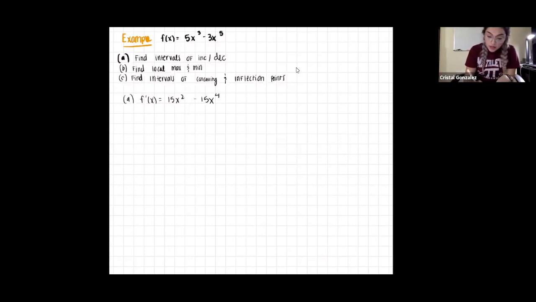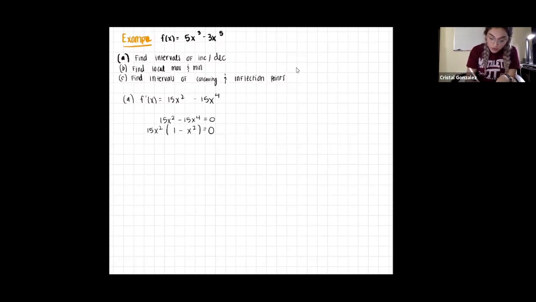So let's go ahead and set the derivative equal to 0. We can factor out a 15x squared, and then we end up with 1 minus x squared, which is equal to 0.